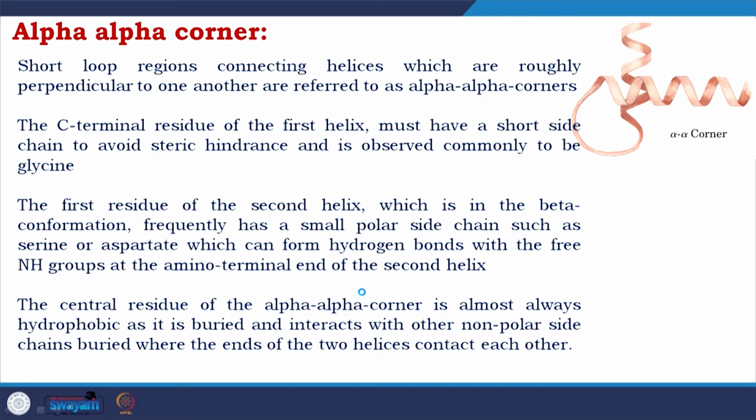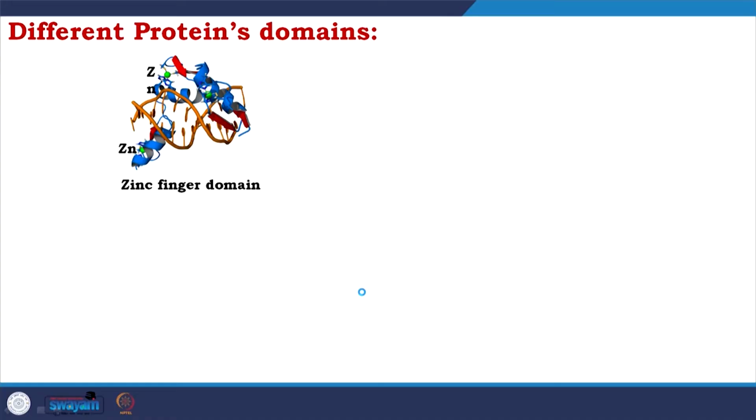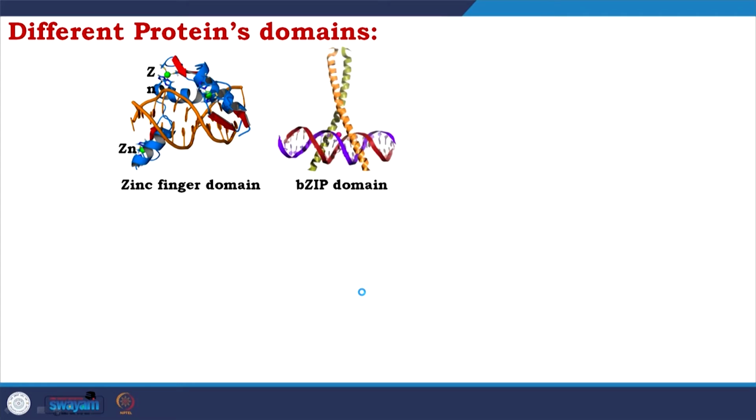So, I discussed different motifs. There are so many motifs and they have very interesting and critical roles in signaling pathways. To understand biology, if you understand the super secondary structures, it would be extremely helpful. Zinc finger domain, it is also a DNA binding domain. bZIP, another DNA binding domain.